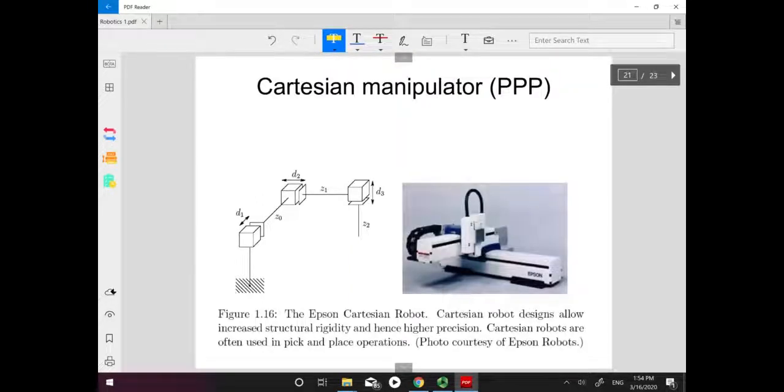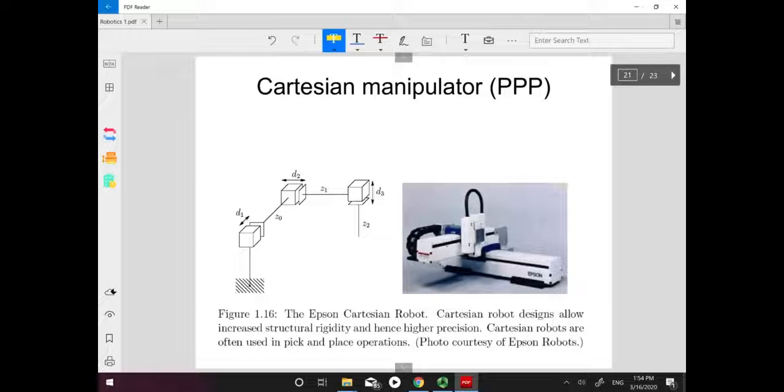Okay, the next one. This one is a little bit special. It is actually larger if we want to achieve the same distance as a basic RRR. But the good thing is that it can achieve very accurate motion. It is because all the motions are achieved by prismatic joints.